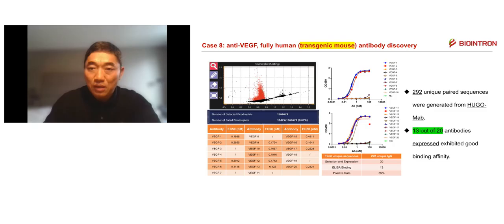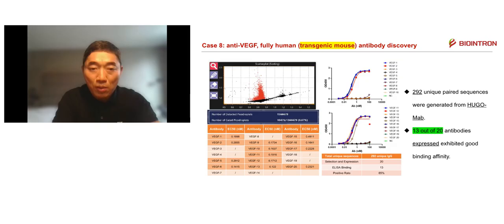For the last two case studies, the animal host is different, because we use fully human, actually a transgenic mouse, to raise antibodies. Because for many of our customers, if they want to develop therapeutic antibodies, in many cases we have to humanize them after we get some good hits.